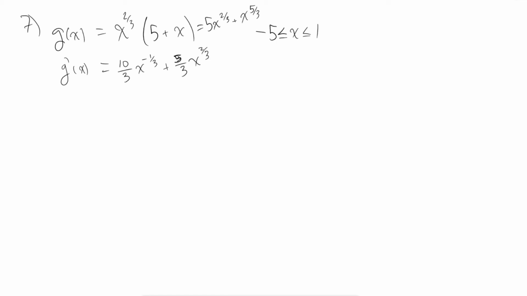And maybe to make this a little easier, because we are trying to find the zeros, remember, or the critical values, we're going to rearrange this just a little bit. That is equal to 10 over 3x to the power of 1/3 plus 5x to the power of 2/3 over 3.